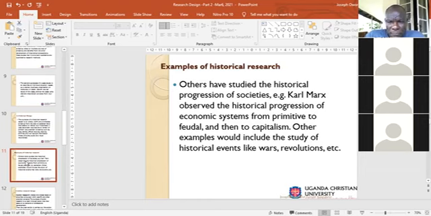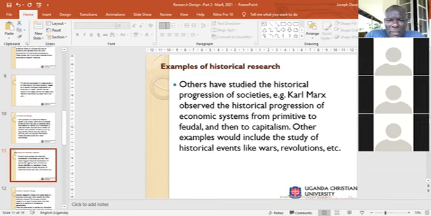But now, you could also say that, for example, world wars and whichever wars are there, people use historical design to study wars.